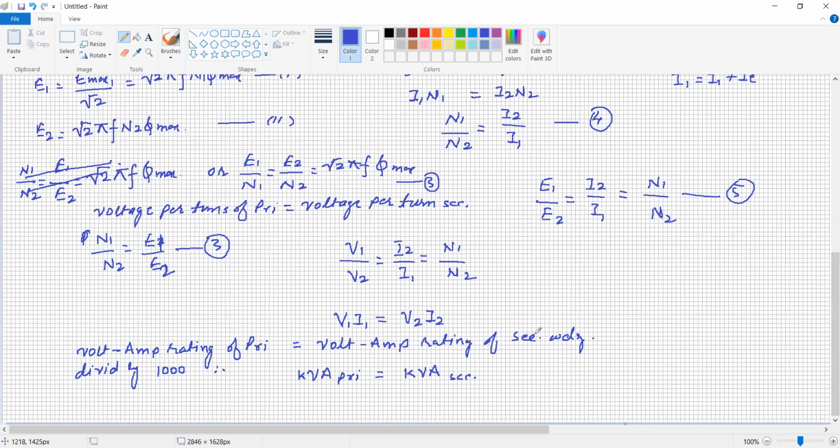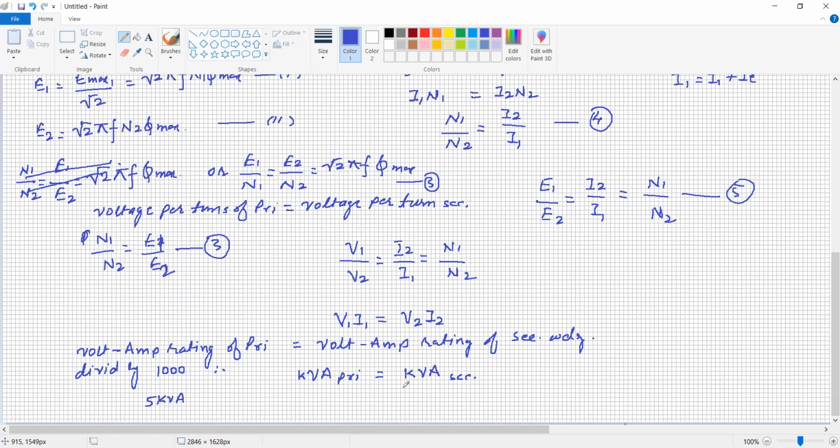So the next conclusion is that the kVA rating of the primary winding and the kVA rating of the secondary winding are the same. If it is given that it is a 5 kVA two winding transformer, it means that the rating of the primary winding is 5 kVA and the rating of the secondary winding is also 5 kVA.